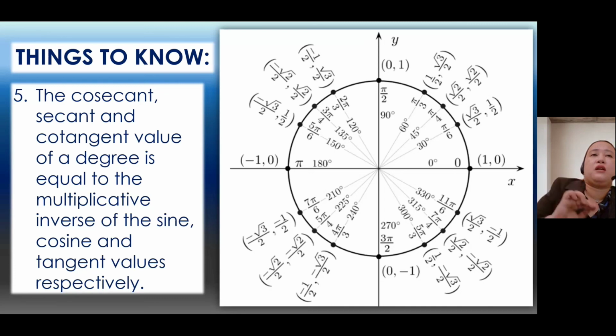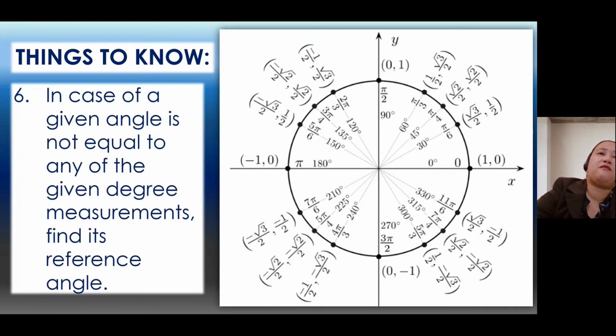If sine is equivalent to y, therefore cosecant is 1 over y. Since cosine is equivalent to x, secant is 1 over x. And if tangent is y over x, therefore cotangent is 1 over y over x, or simply x over y. So you're just going to make use of the coordinates here, the abscissa and the ordinate.